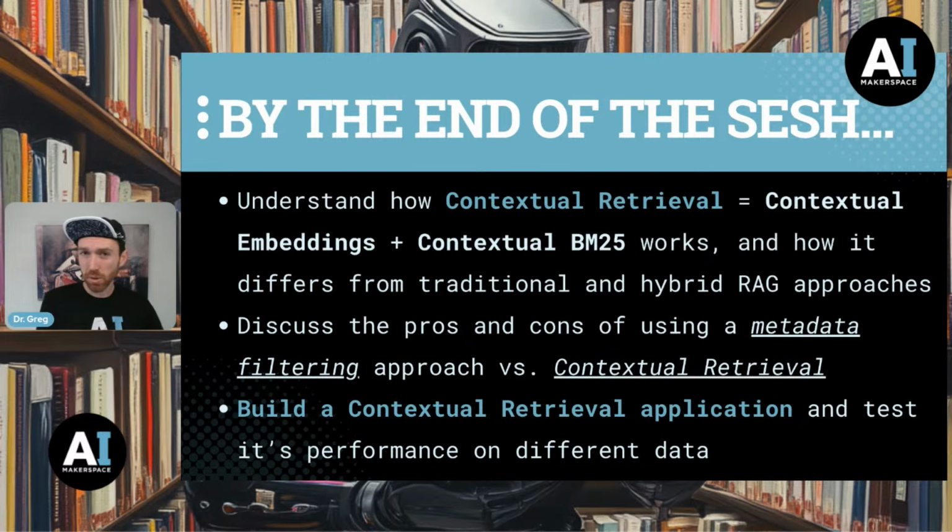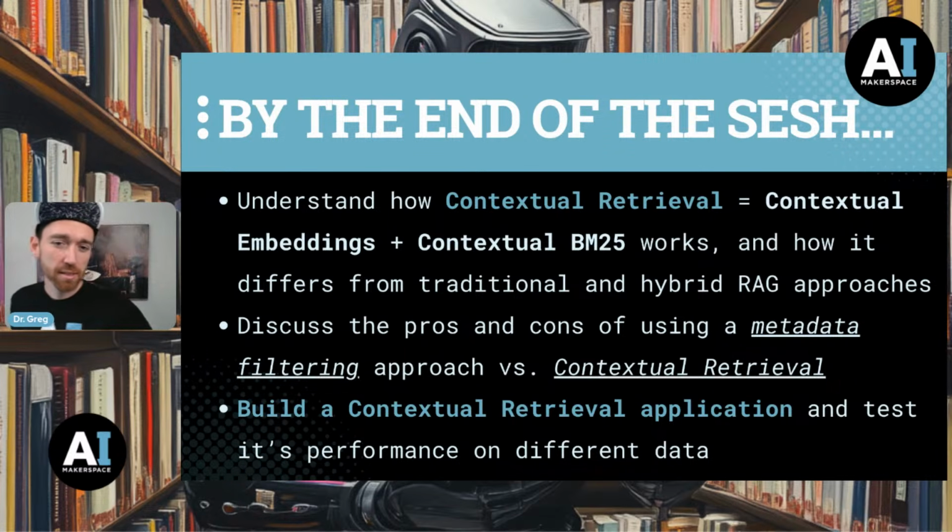It's not exactly traditional RAG. It's not exactly hybrid retrieval. It's kind of both and then some. We're going to discuss the pros and cons of using an approach like this, computational efficiency versus performance, of course. And we're going to actually build a contextual retrieval application, do some benchmarking on it, and see if this, in fact, does improve scores with a tool that we're familiar with, like RAG assessment.